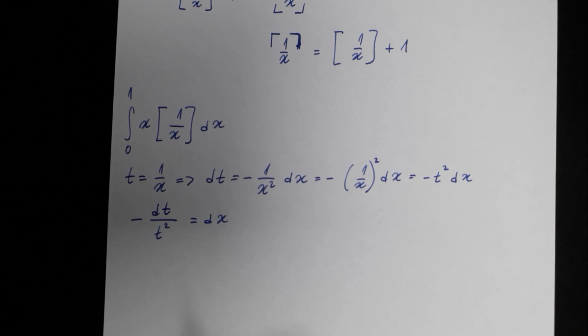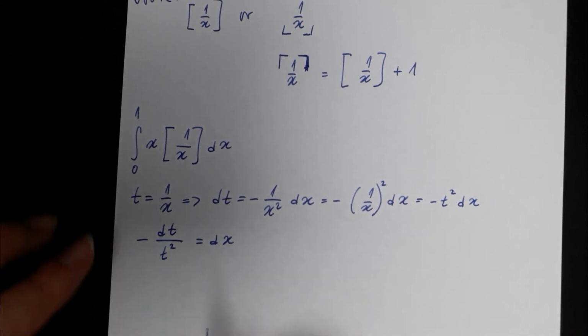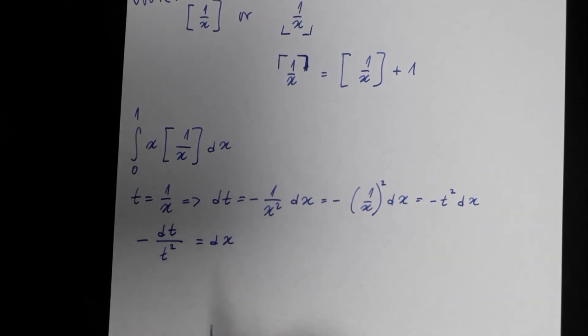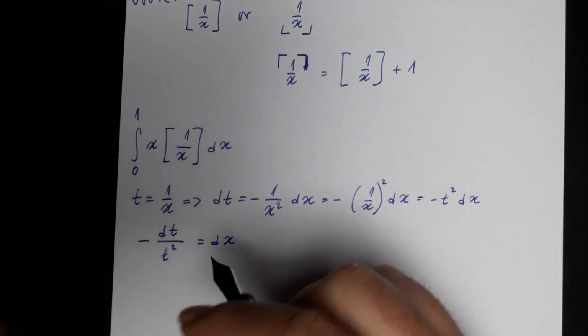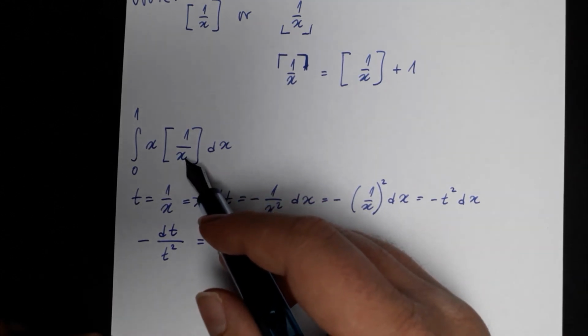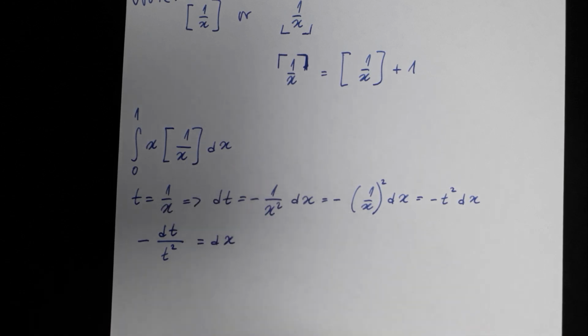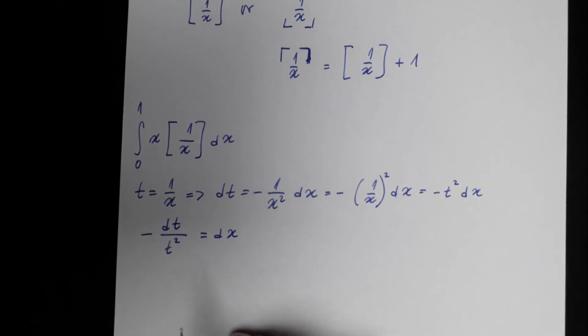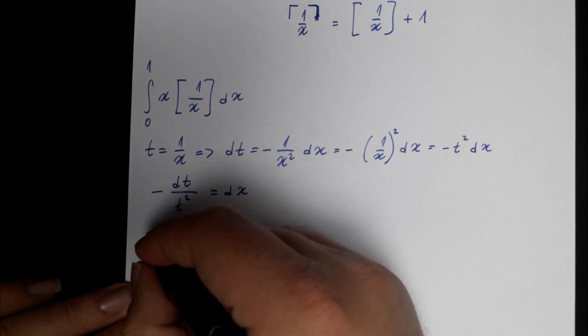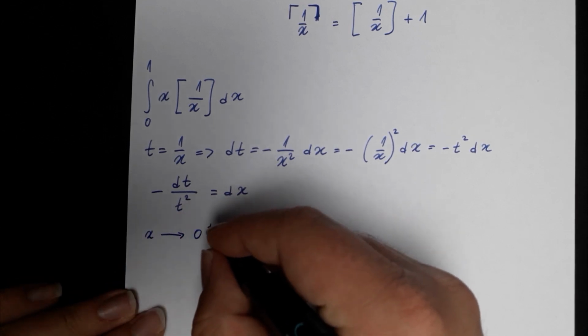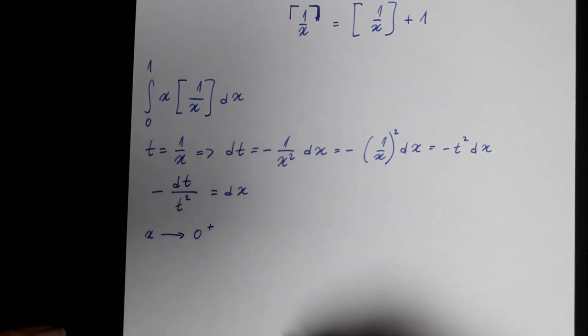Now, for the borders of this integral, we have from 0 to 1. We have a division in this part, 1 over x, and division by 0 is not possible. So that means that we have an improper integral. For the lower border of the integral, we have that x approaches 0 from the side of positive numbers.